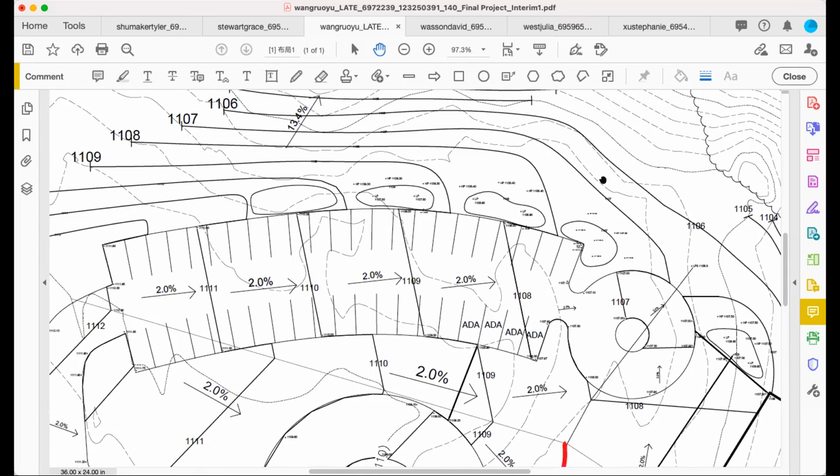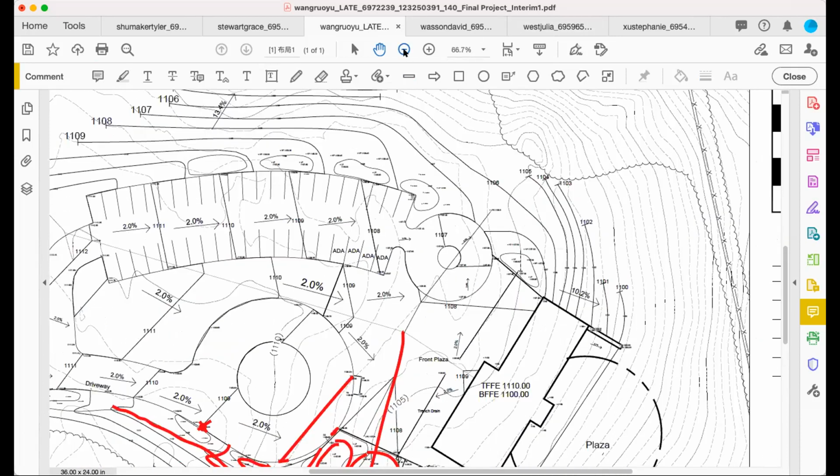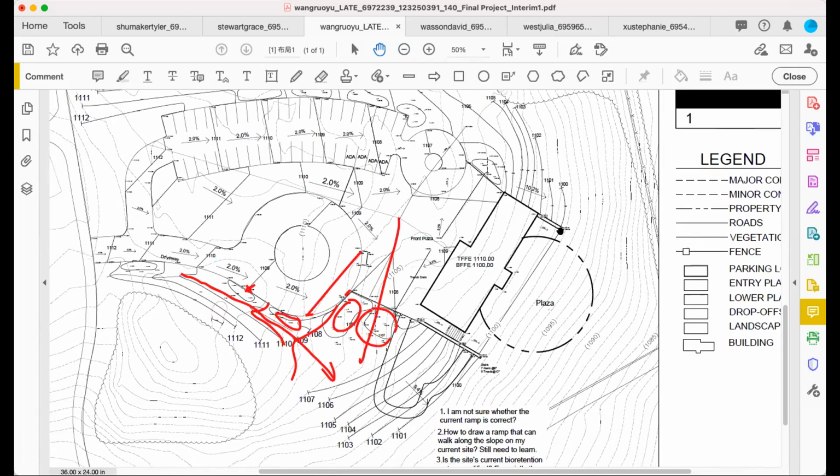One more question. What if the 1108 contour line didn't touch the bus drop off? Do I still need to draw that line? That's a closed contour. You would have two.